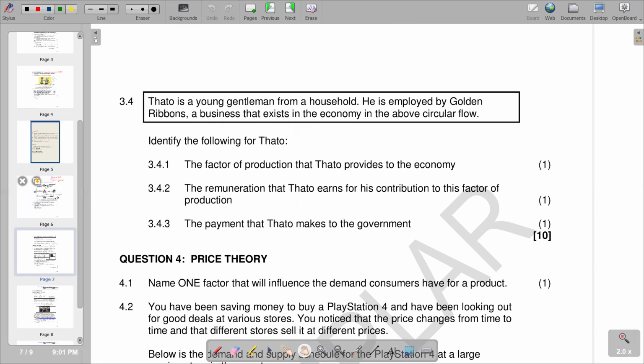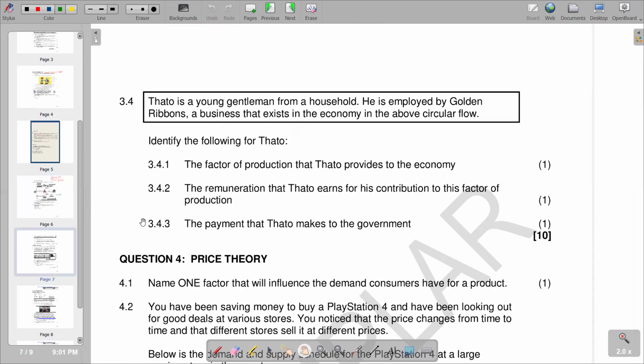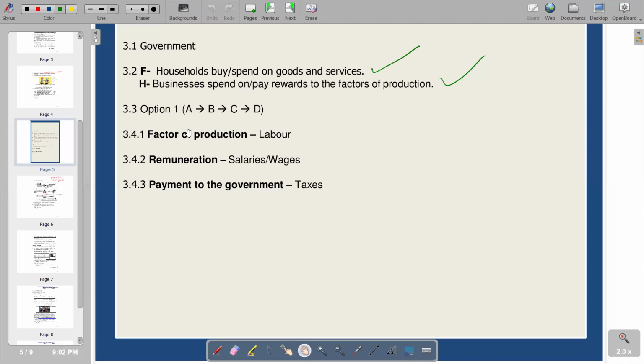We need to find out the factor of production that Tattoo provides to the economy. And obviously, this is going to be a labor service. That's the factor of production that is being provided by Tattoo to the economy. So we have labor on 3.4.1.